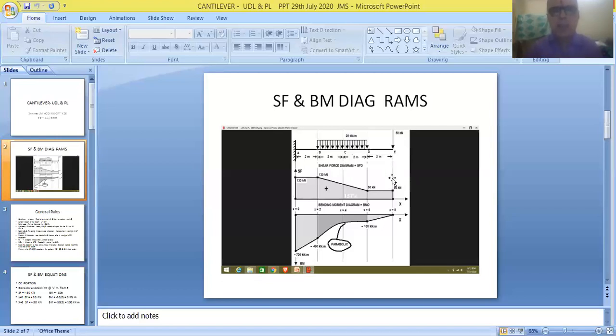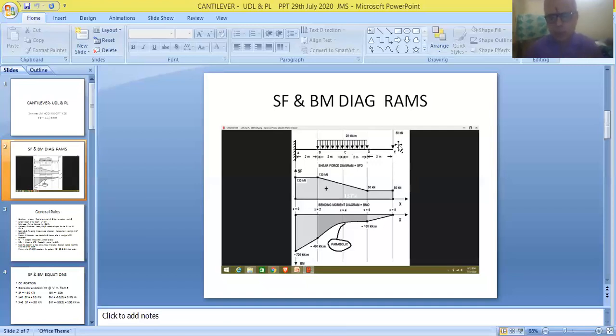And secondly, this is the point load that is given in the problem. It's also called a concentrated load. According to the data given in the problem, this point load is acting at the free end of the beam in the downward direction. The magnitude of this load is given as 50 kilonewtons.